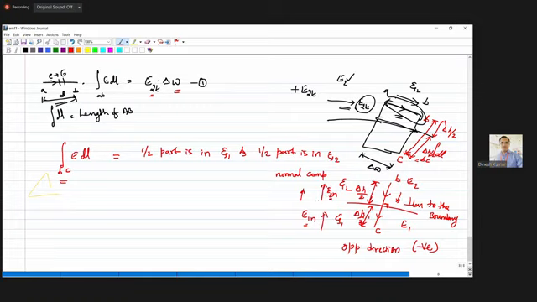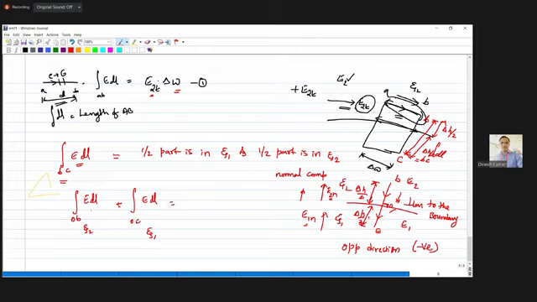So if you apply this equation, that is the closed line integral of E dot dl, and consider this point as 0, what will be the value? Integral from 0 to B of E dl, which is present in epsilon 2, plus the integral from 0 to C, which is present in epsilon 1, of E dl.